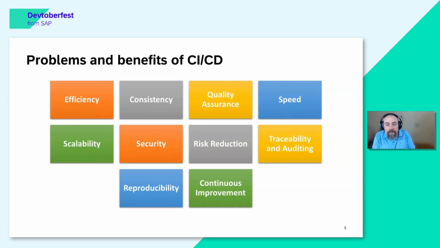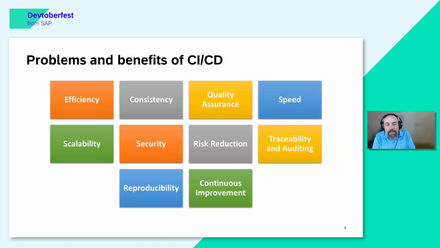Traceability and auditability: again, back to the compliance, the ability to know what was deployed and have a log of how it was made up and what was in it before it was built. Reproducibility: we want to be able to easily recreate past builds or releases. And last but not least is continuous improvement.